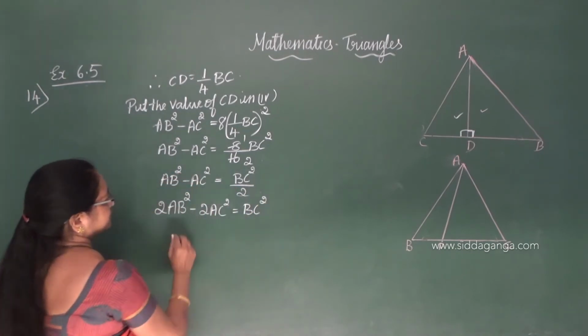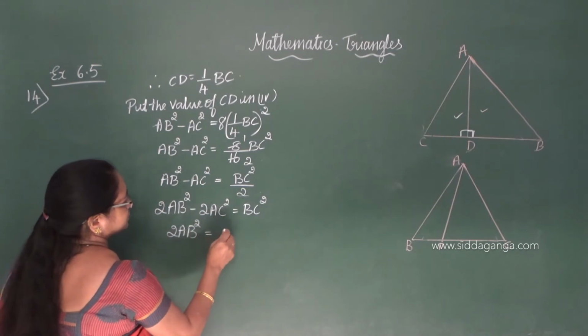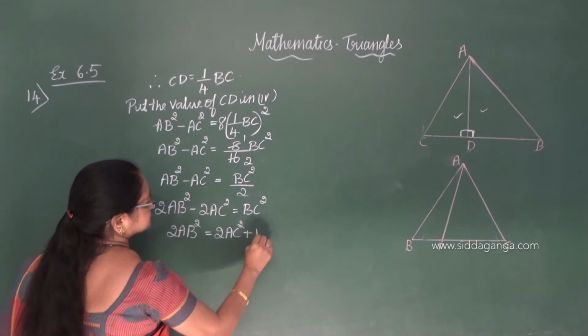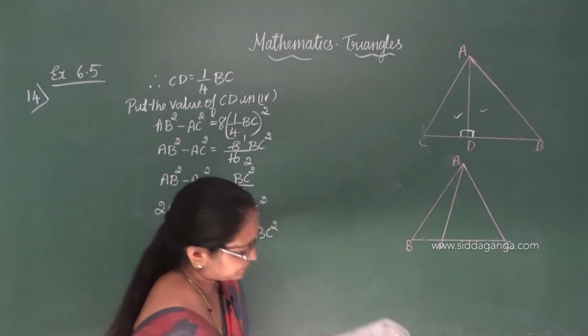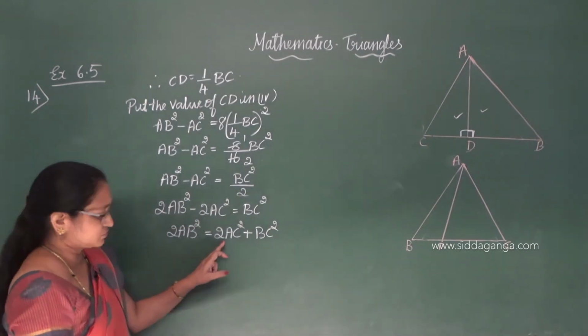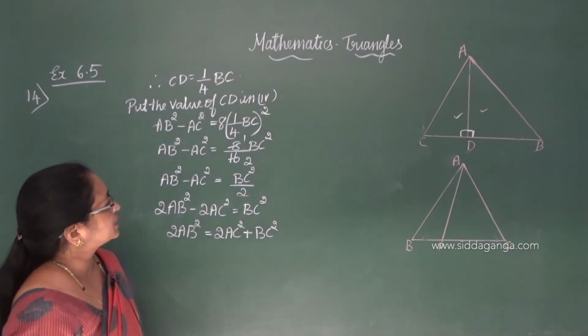By cross multiplying, we want it like this: 2AB square is equal to 2AC square plus BC square. I hope this is the form you need. Okay, 2AB square is equal to 2AC square plus BC square, correct? So I hope you understood.